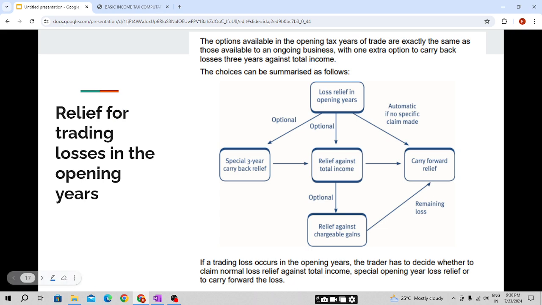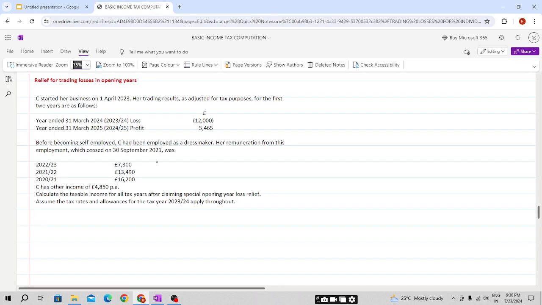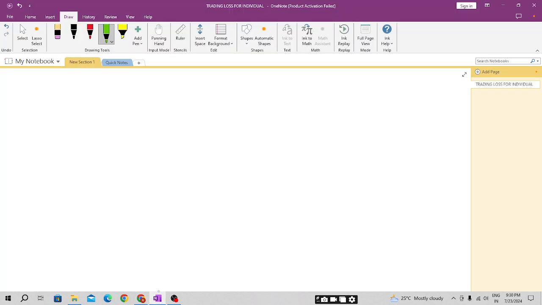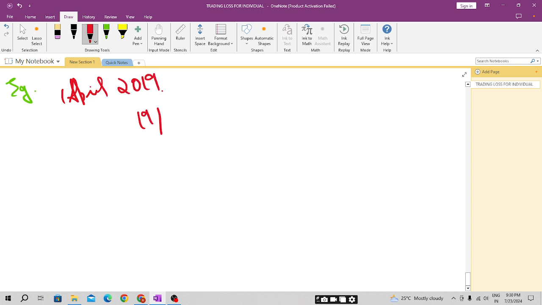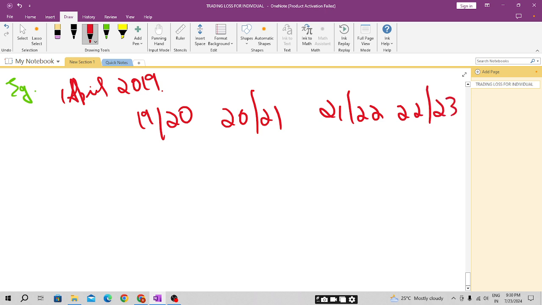So students, if I have started a business, let's take an example. I have started my business on 1st April 2019. So 19-20 will be my first tax year, then 20-21, 21-22 and 22-23.